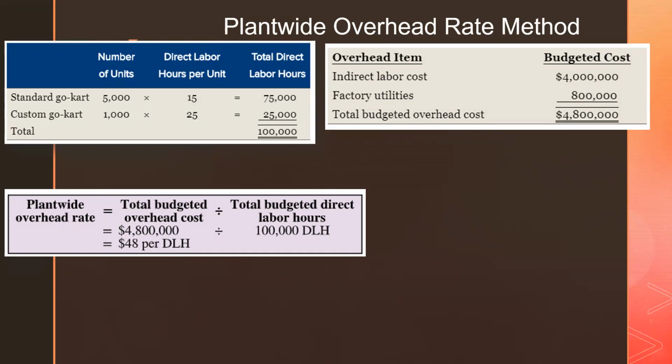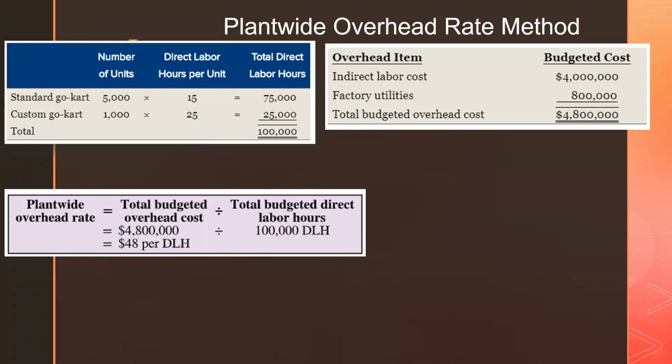Remember, with that plant-wide overhead rate, just like we did in previous chapters, we take the total budgeted or total estimated overhead cost, which we saw was 4.8 million, divided by the total budgeted direct labor hours, or whatever the activity base is. So we'll divide it by the total 100,000 hours. That gives us $48 per direct labor hour.